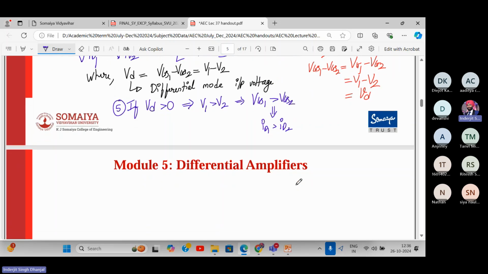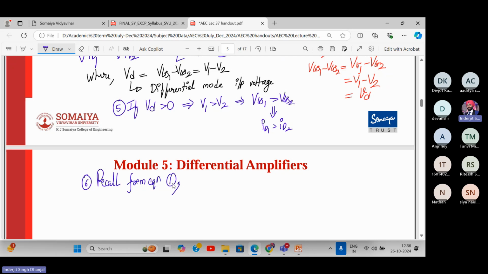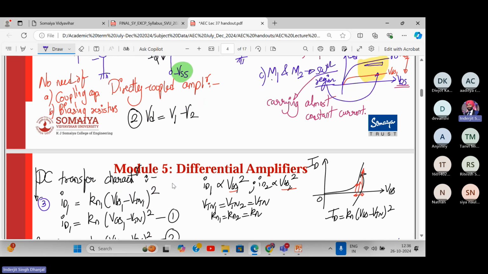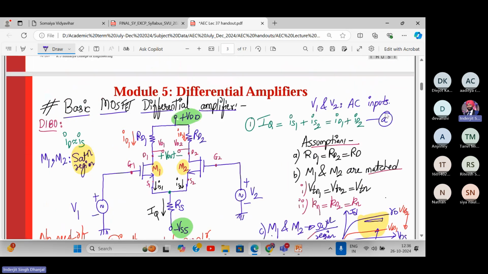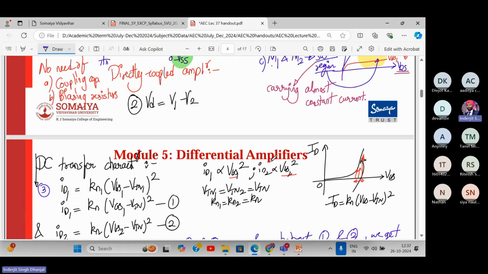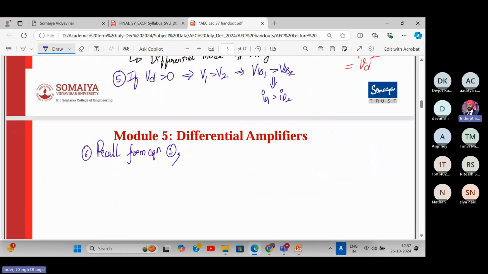Yes or no? Now, acha, recall the earlier step. Step A. IQ is ID1 plus ID2. We'll write that now. So we write IQ is equal to ID1 plus ID2.